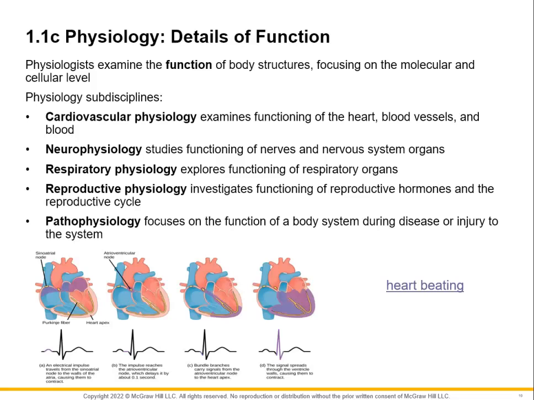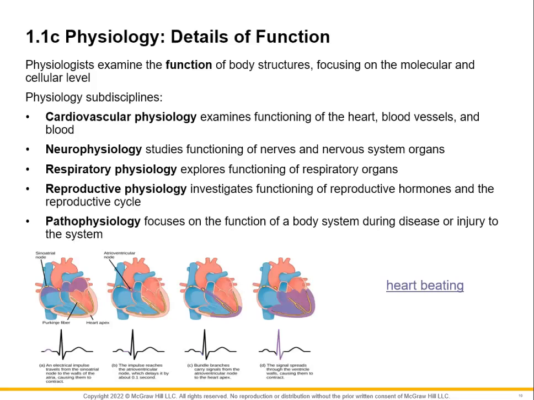Reproductive physiology looks at, you got it, how we make babies. So it's the functioning of the reproductive hormones and the reproductive cycle that includes how we make sperm cells and egg cells and all of the chemicals, hormones, and enzymes that play a role in that process. So the regulation of the reproductive system.